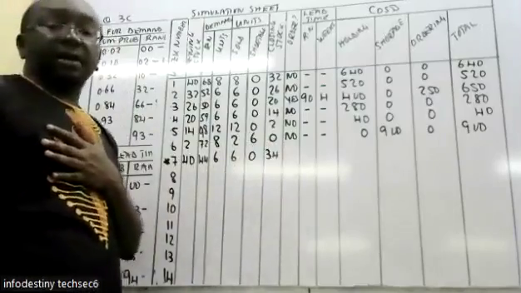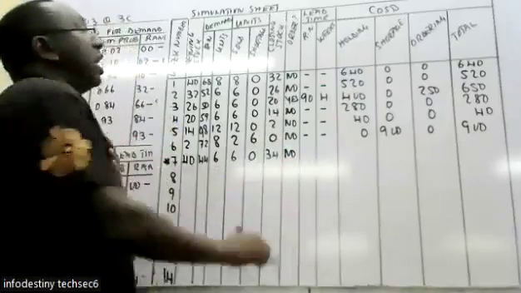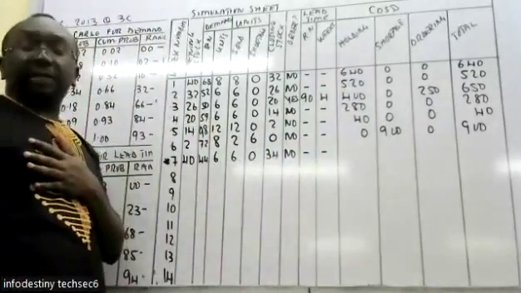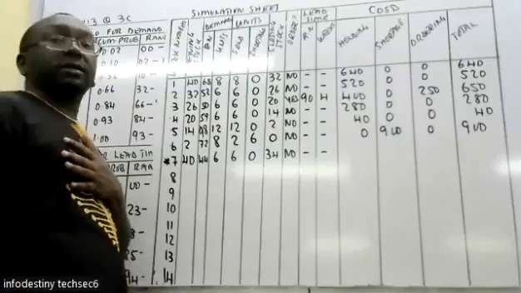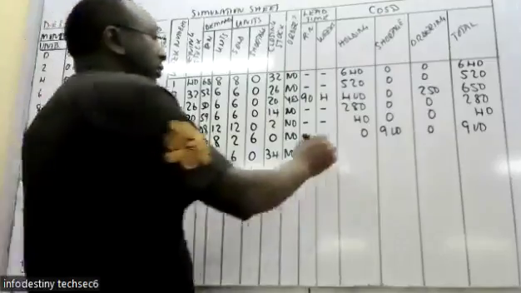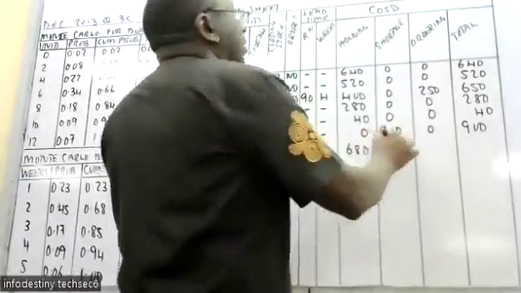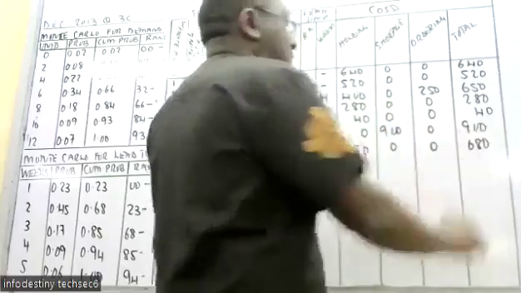Do you make an order? No. So nothing here. 34 times 20, 680. I have no shortage, no ordering, so we have 680.